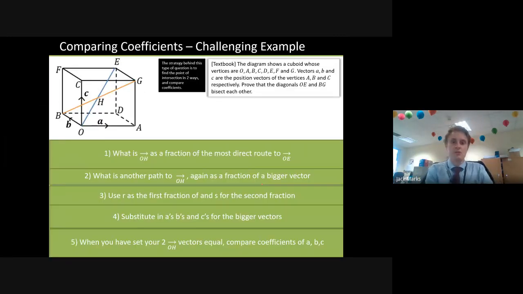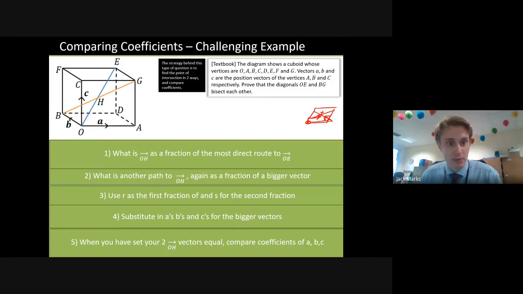Okay, so we used that in this sort of geometric example in 3D. So a reminder, you had a question like this from before, and it said, prove that they bisect. The basic strategy is you talk about how to get from the origin to the intersection point using both of the different diagonal lines.